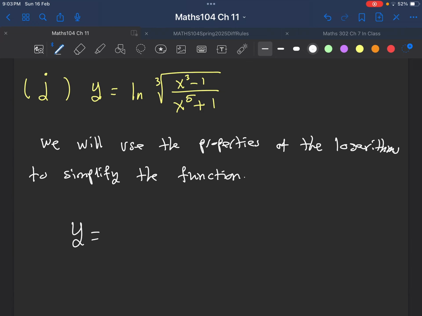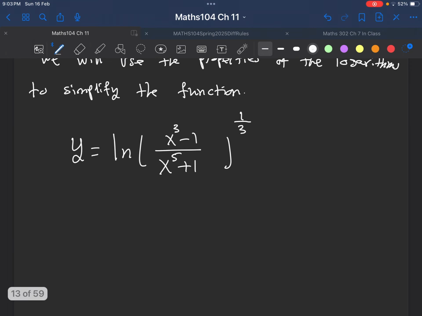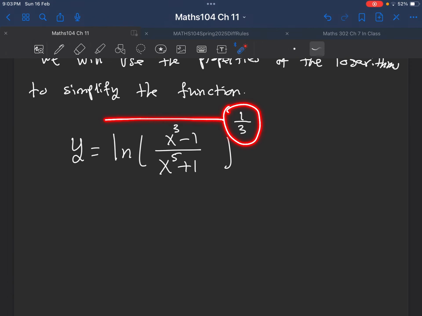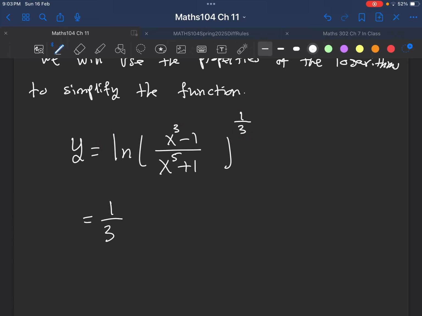Look, first of all, this function you can write as everything to the power of 1 over 3, where you have x cubed minus 1, and then you have x to the power 5 plus 1. Now remember, if we have the power 1 over 3, this number will go down. So it will be 1 over 3 ln of (x cubed minus 1) over (x to the power 5 plus 1).